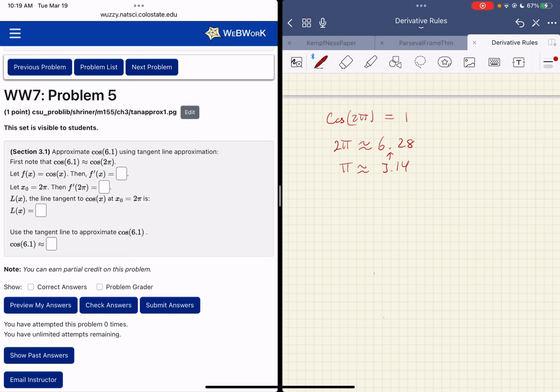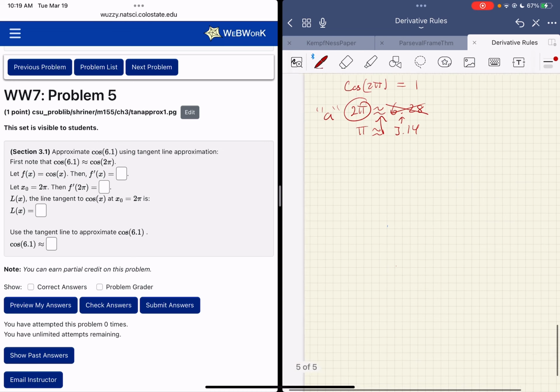So, okay, this is the a value that I'm going to use. A is the nice thing, right? This is not the a value I'm going to use. That's the approximation, okay? Cosine of 2 pi, I know, it's 1. Cosine of 6.28, this is not 1, it's something gross. All right, anyway.